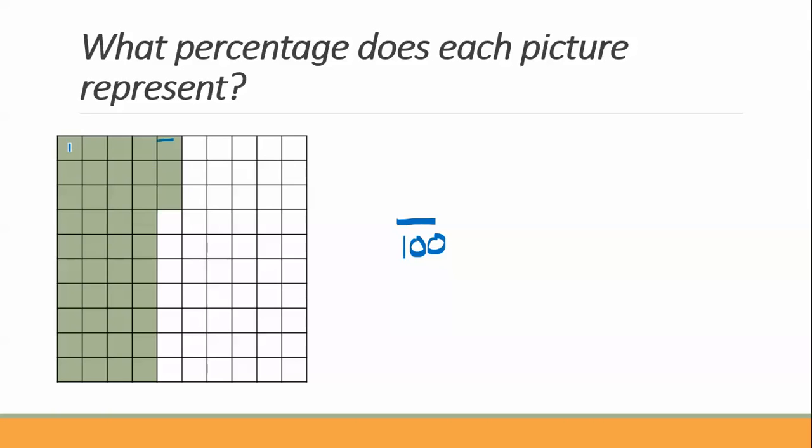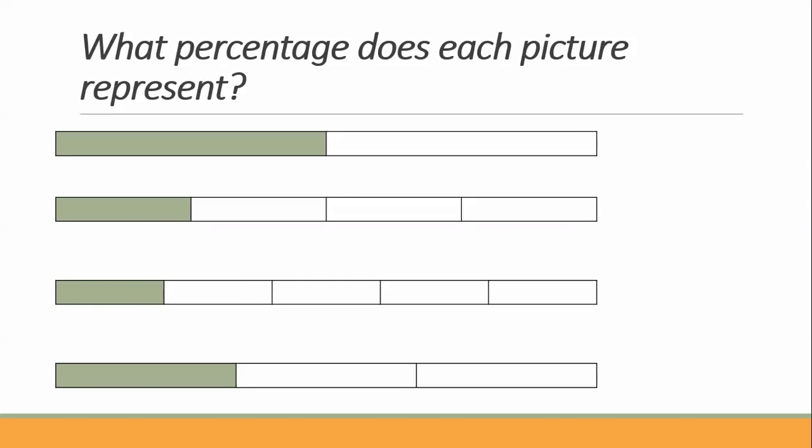And then we have 10, 20, 30, 40, 41, 42, 43. We have 43 little boxes shaded. So that is 43%. The entire bar is 100%.